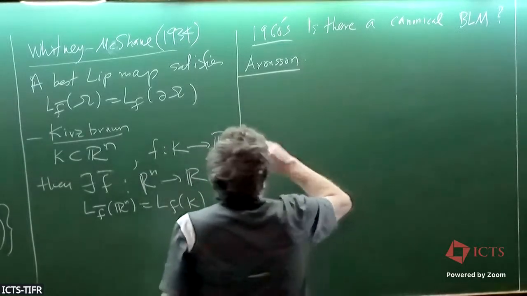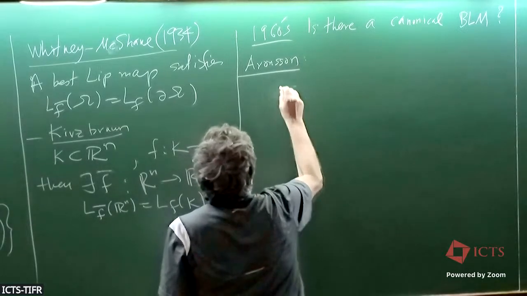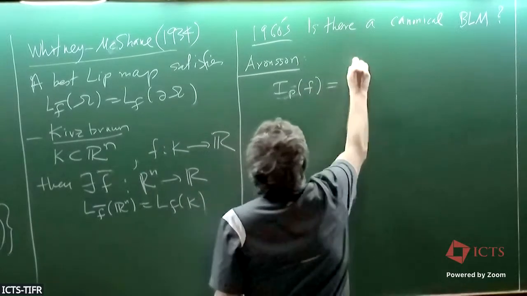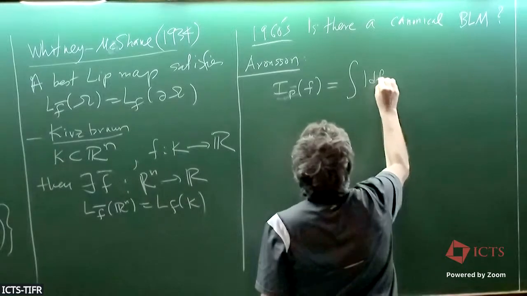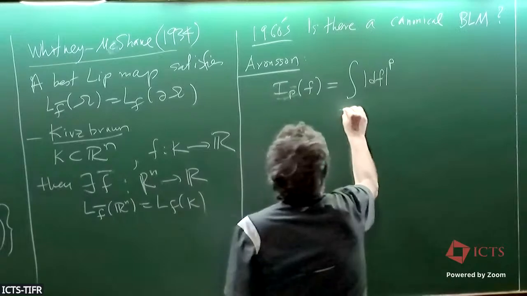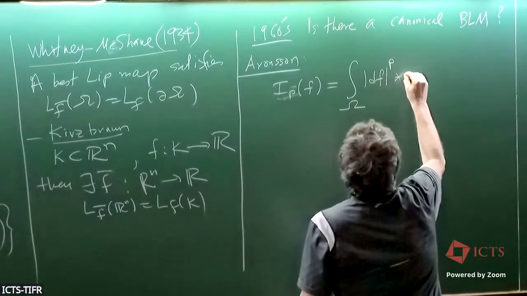So what you could do is consider the following functional, J_p, on f. You take the differential of f, raise it to the pth power, and integrate over Omega, multiplied by the volume form.